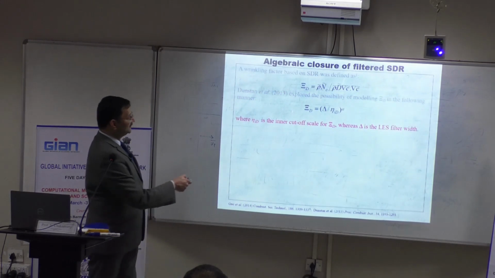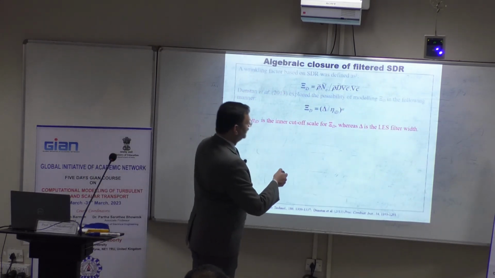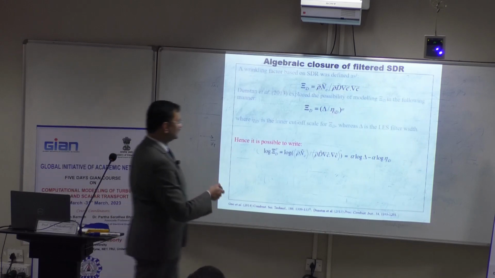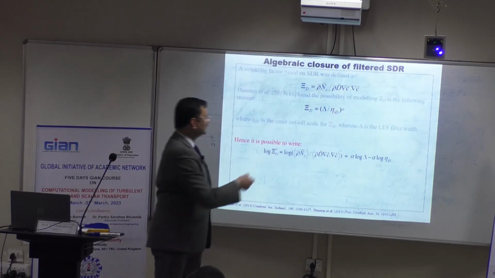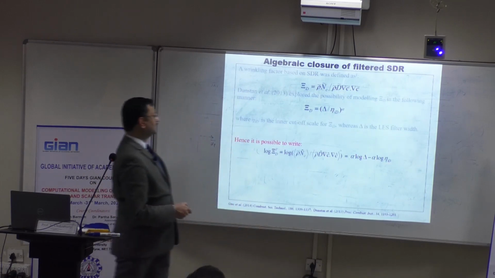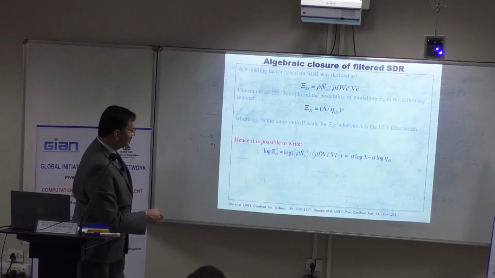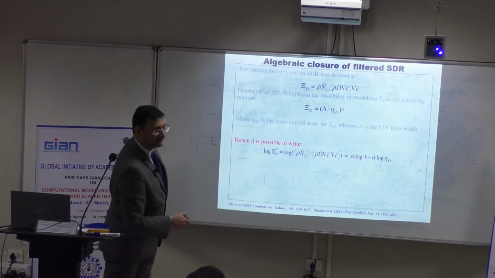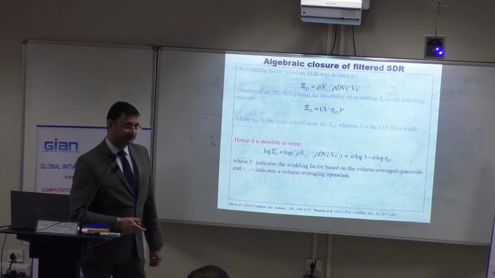Very often people model it using some kind of a power law. And this one is called the inner cutoff scale. So using this relation, one can come up with this. If somebody plots this as a function of log delta, the slope of the line gives you the power law exponent.